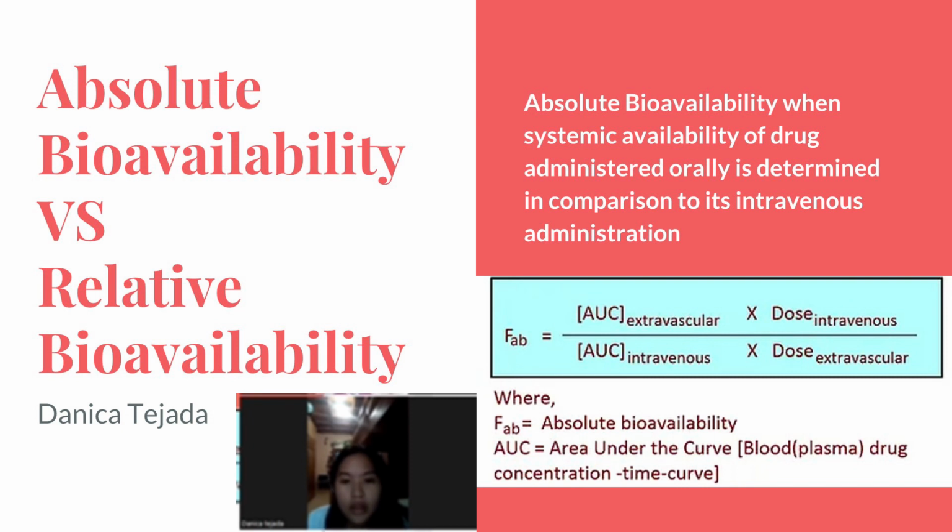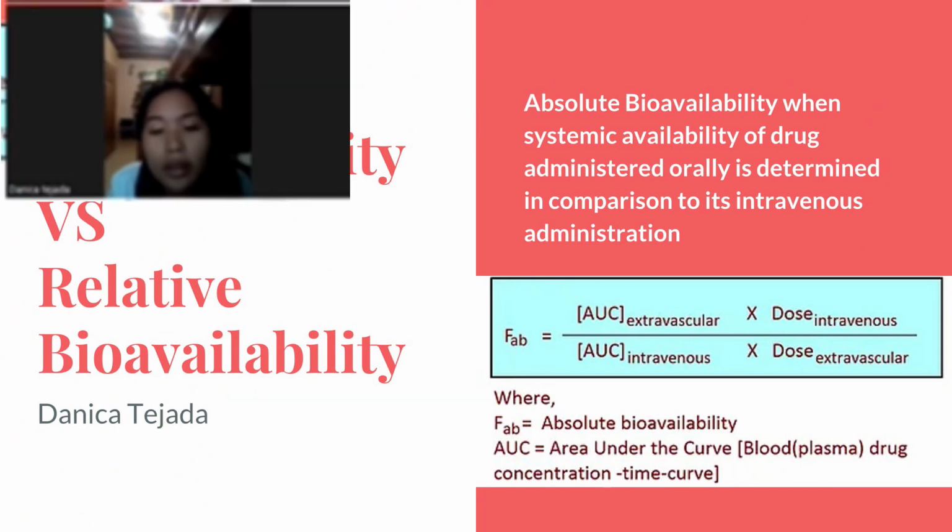So we are going to differentiate absolute bioavailability and relative bioavailability. Absolute bioavailability is when the systemic availability of a drug administered orally is determined in comparison to its intravenous administration.